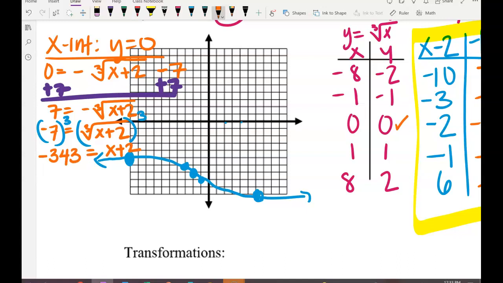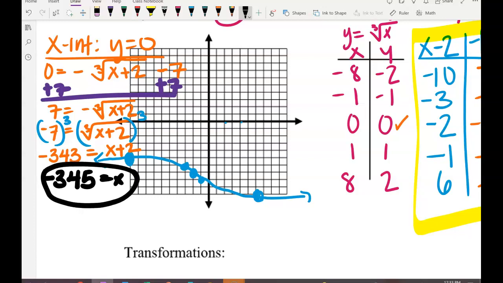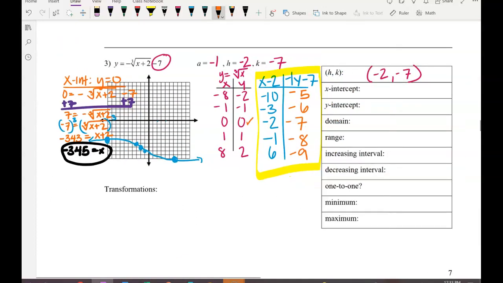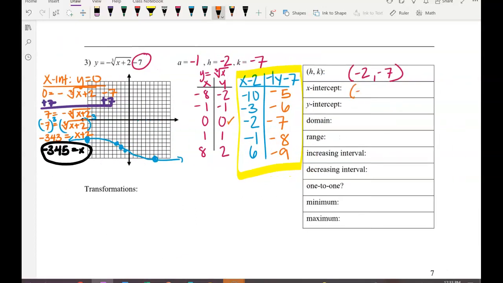The last step is to minus 2. So if we minus 2 from both sides, it's going to be a negative 345. Oh my, that is a very big negative number, which we are expecting. So we're going to go and write x-intercept negative 345, comma 0.